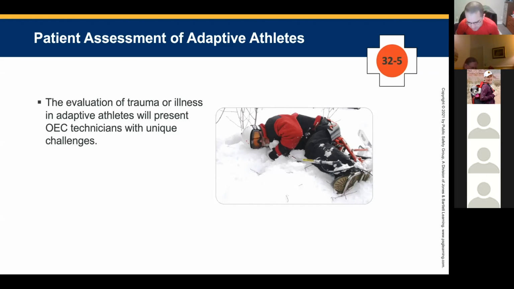I want to say they burned themselves on a tailpipe. It may have been an adaptive athlete on a motorcycle, and they burned themselves on the tailpipe and didn't realize it. So that would most definitely be a major challenge.